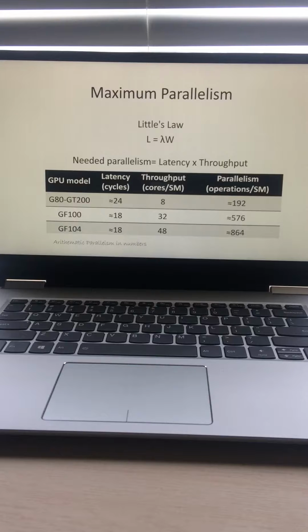When we use this law to find the maximum parallelism, it is nothing but latency times throughput. For example, on a GPU such as G80 or GT200, where the latency is around 24 cycles and the throughput is 8 cores per streaming multiprocessor, the maximum parallelism is 192 operations per SM.